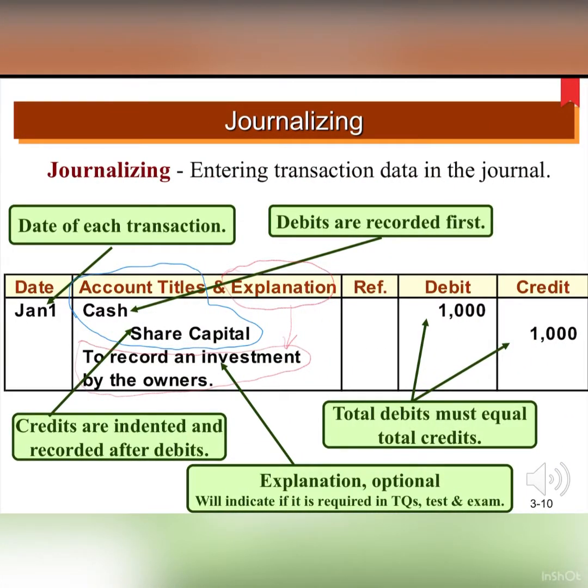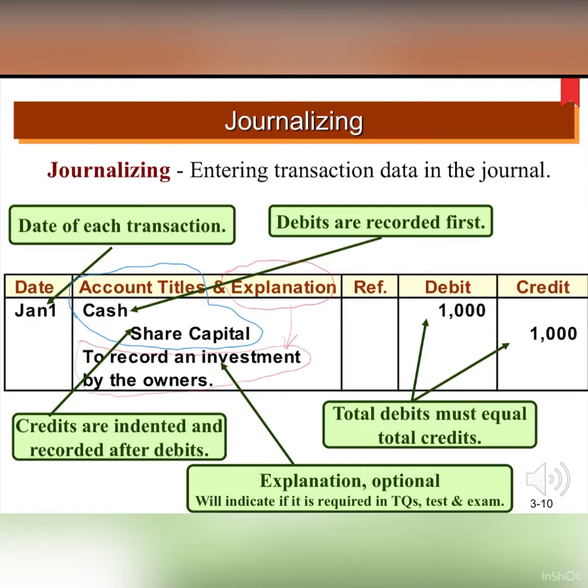So this is the format of the journal. If we do cash account to share capital, we are journalizing the transactions. Here cash and share capital are account titles, are accounts, and you can see an explanation to record an investment by the owners. Here REF, reference, means just like giving a name to someone.